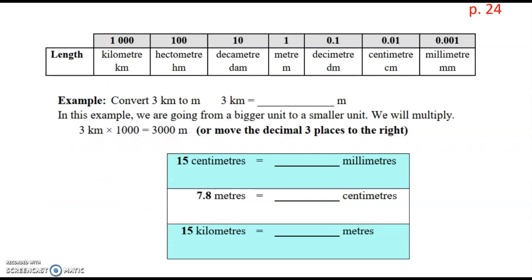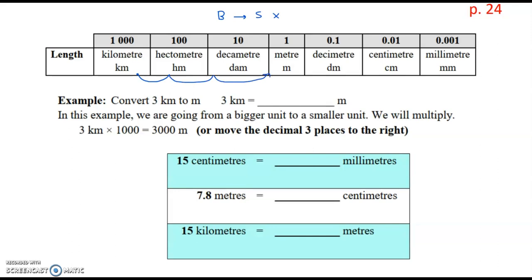If you remember, if we go from a big unit to a small unit, that means we're going to be multiplying. But I'm going to show the method that works best for me, which is sliding your decimal. So if we're going to convert 3 kilometers to meters, I know that from kilometers to meters, I need to move 3 places on my metric line.